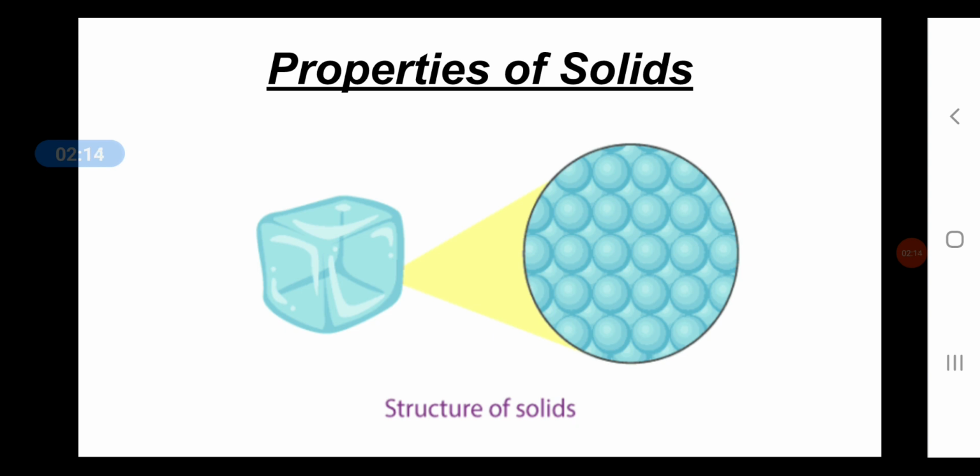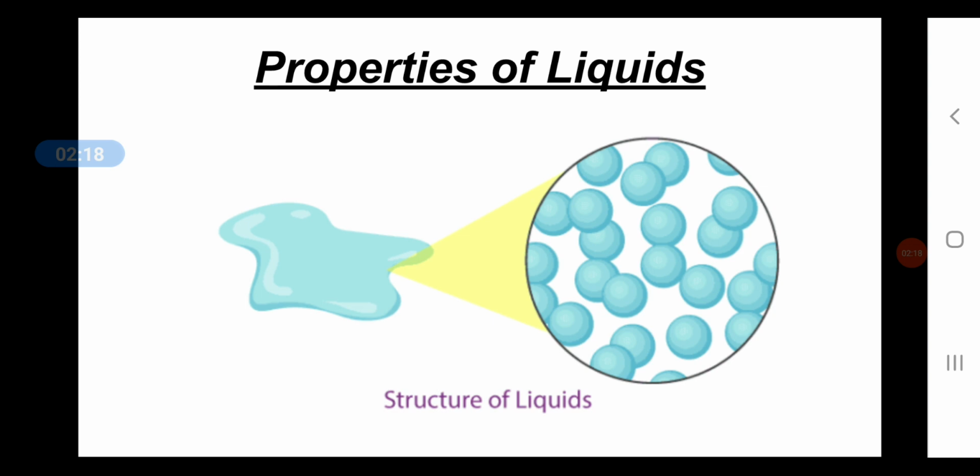Now let us study the structure of a liquid. Now, properties of a liquid. A liquid has a definite volume, but it does not have any definite shape. For example, if you take a glass tumbler filled with water, this water takes the shape of the tumbler.